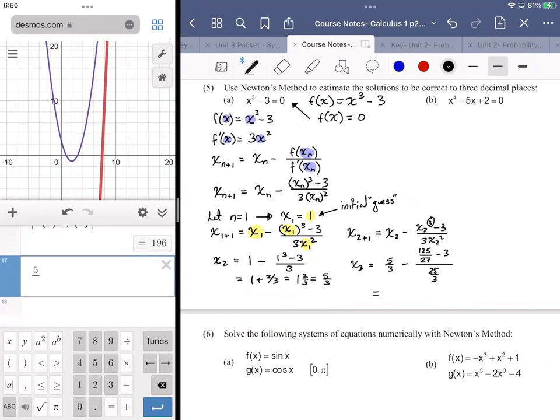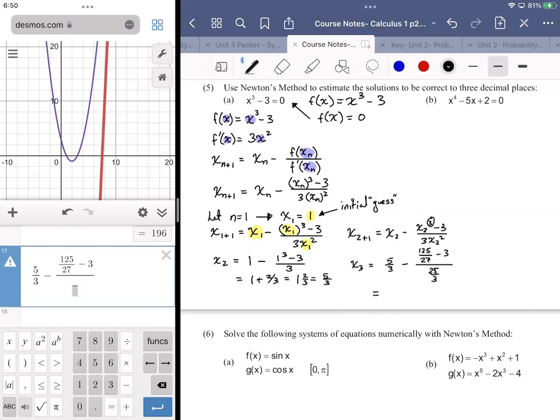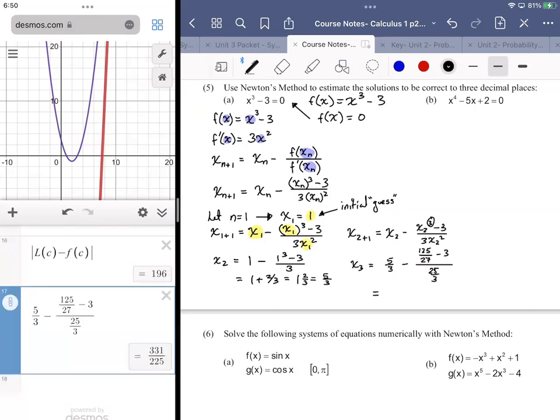If I wanted the answer, I would just find the cube root of 3 and be done with it. It's a matter of carrying out Newton's method, right? So, but for the sake of brevity, I'll just pop this in here. So in fraction form, you get 331 over 225.